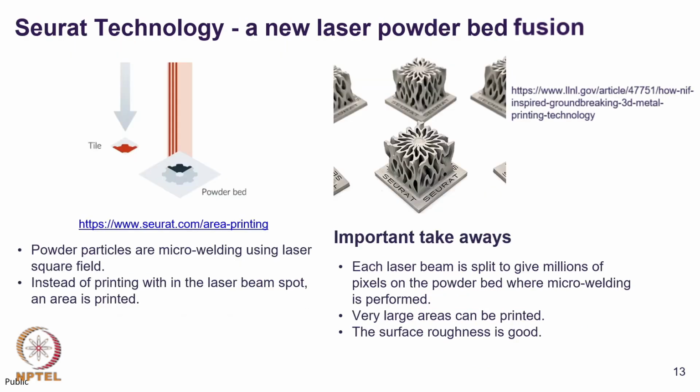The new technology that we mentioned earlier, similar to laser powder bed fusion, developed by Seurat Technology, is discussed here. In this method, a laser beam is split into many small pixelated lasers, and instead of printing along a beam path within a single structure, the printing actually happens in form of tiles.